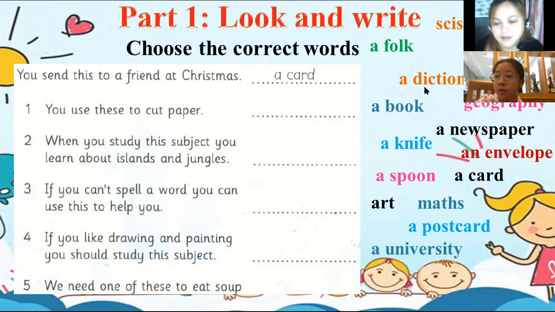Geography. Okay. A newspaper. Knife. Oh, what's that? Envelope. A spoon, a car, a map, postcard, university. Yes, university.